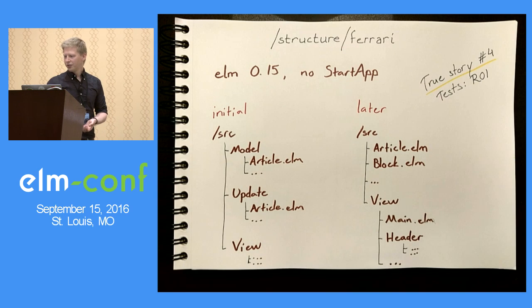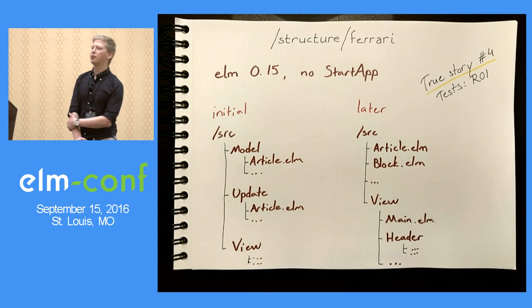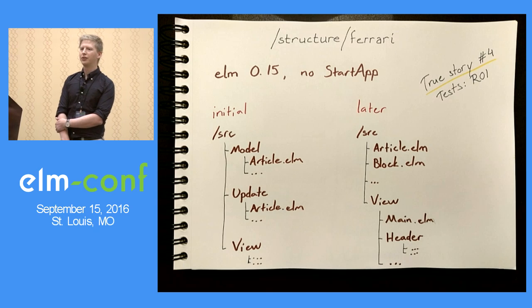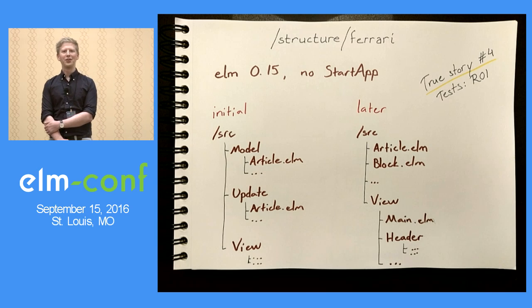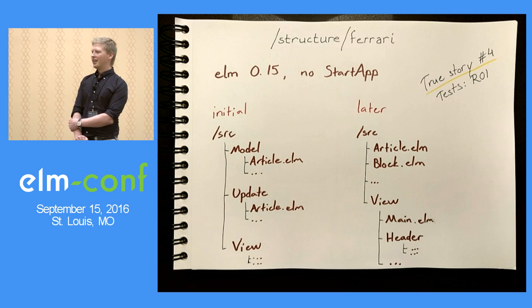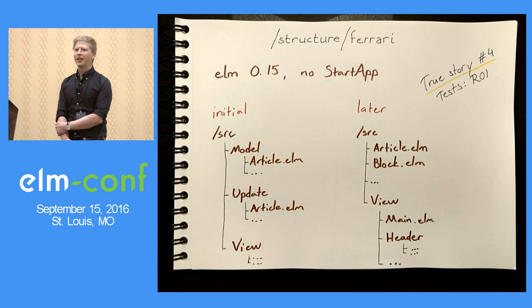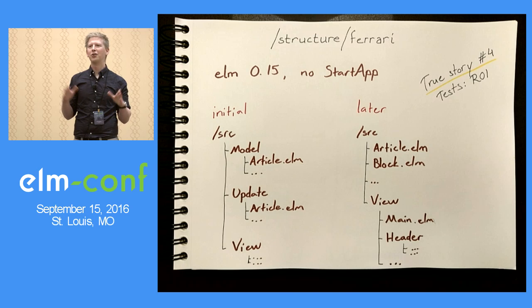All right, on to the project structure. With the Ferrari project, this was the first bigger application that I started to work on. And for some reason, I decided to make these folders called model, update, and view, which led to the situation where I had like 3 files called article open in the text editor at the same time.